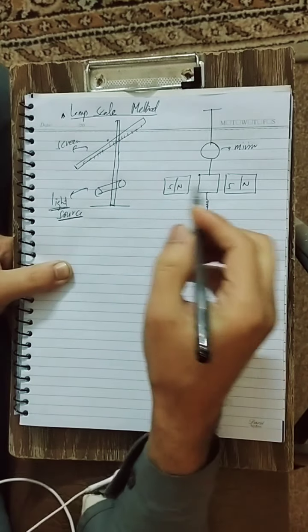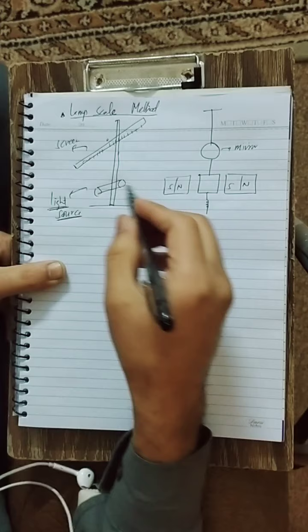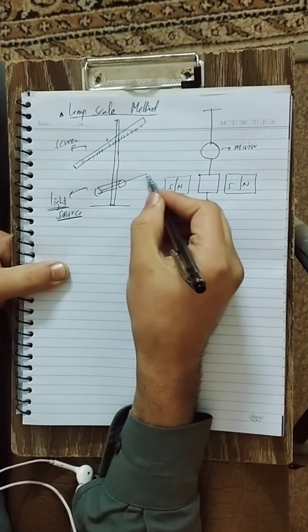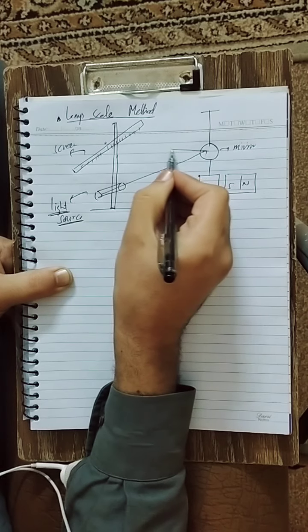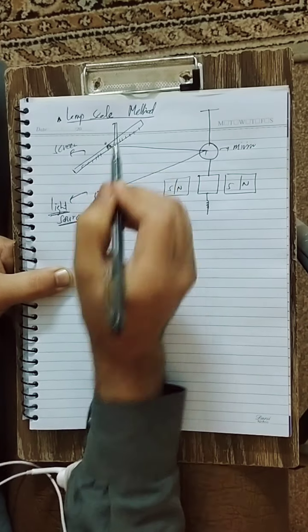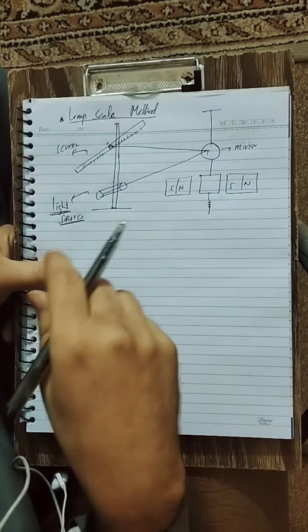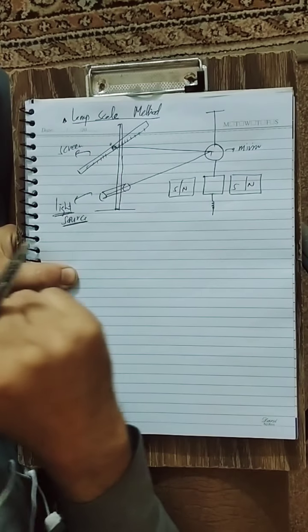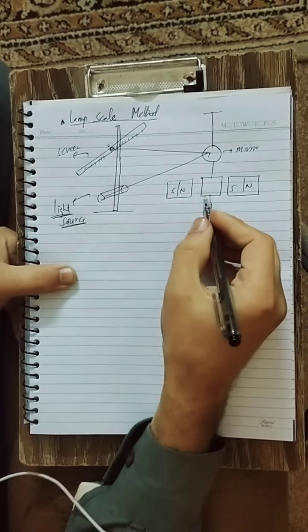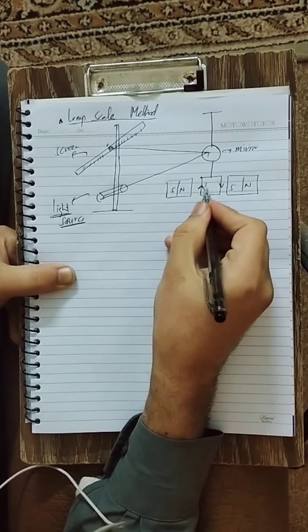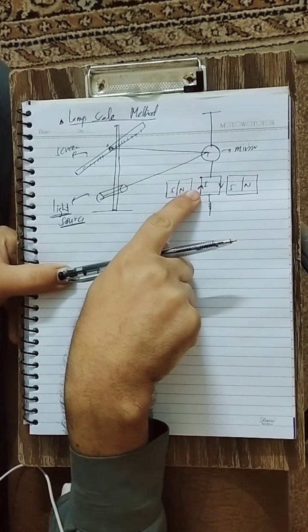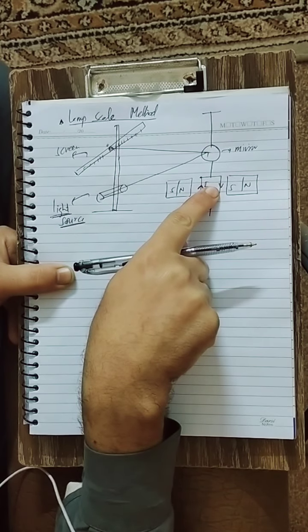Now light falls on the mirror, and the mirror gives the reflection on the screen, and the reflection falls at the zero deflection. Zero deflection shows no current. Now if we connect the current to the coil, at this end there will be magnetic force, and at this end there will be magnetic force.